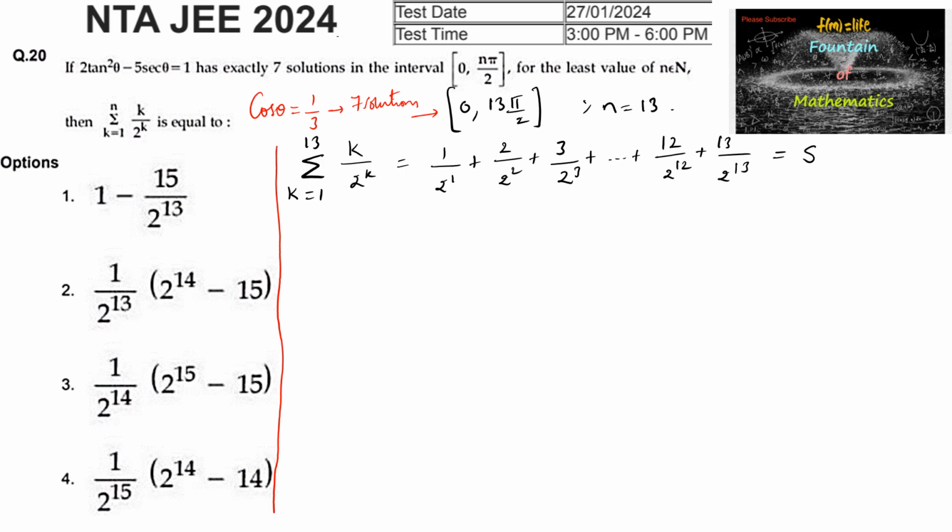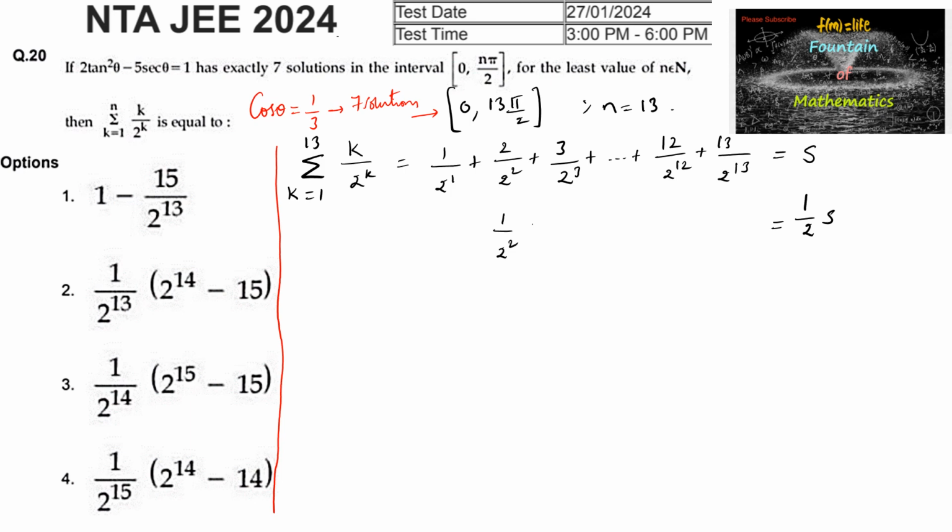Now let us multiply. 1 by 2s is equal to, we can write 1 by 2 times s is equal to, so we can simplify and write here 1 by 2 into 1 by 2 is 1 by 2 square.